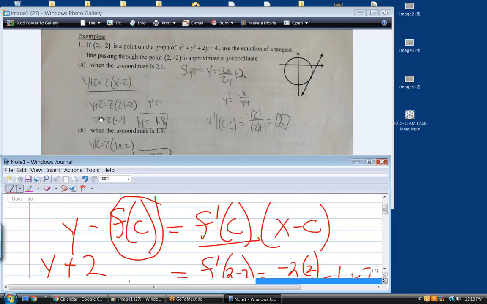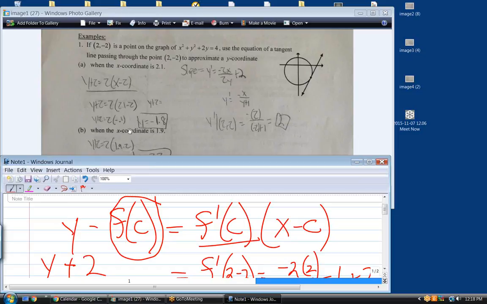Then I got to subtract this 2 from both sides. That's how I get minus 1.8. So you wrote that as negative 0.1. It should be positive 0.1. 2.1 minus 2 is positive 0.1.